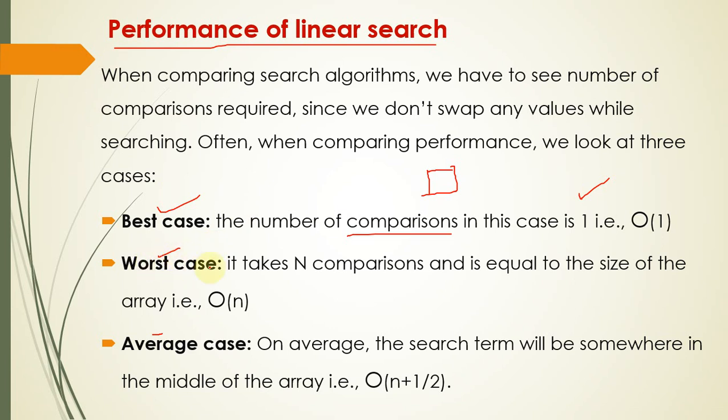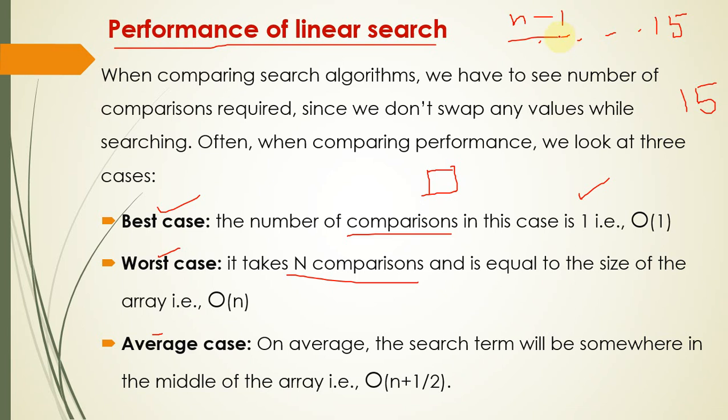What is the worst case? It takes n comparisons. Say the last item is 15 and the search key item is also 15, that means you are making n minus 1 comparisons wasted.